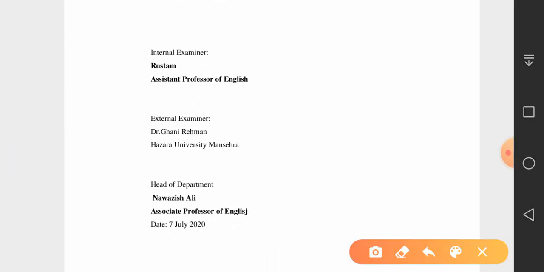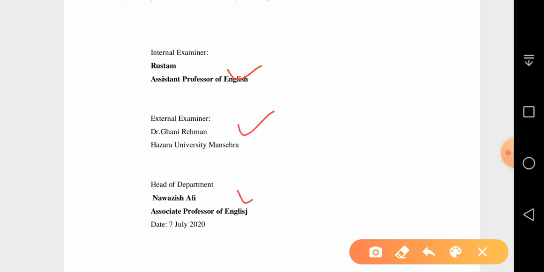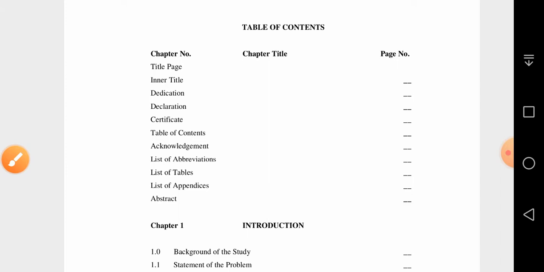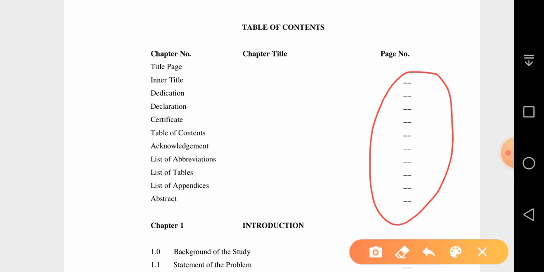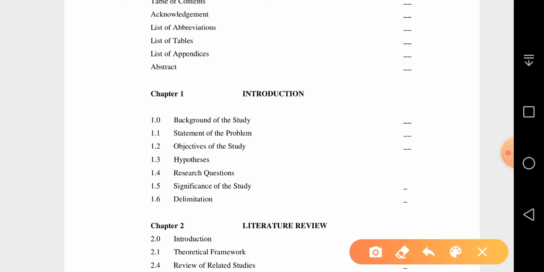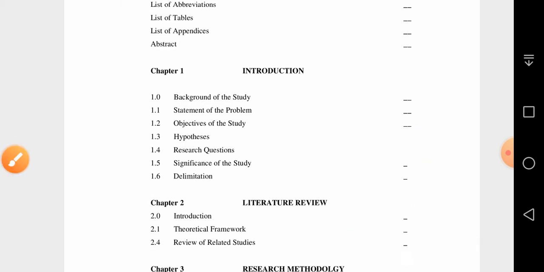Okay, internal supervisor, external supervisor, and head of the department. Then you have table of contents. So after writing the report, you can give the page numbers. Okay, and this is known as preliminary section of the report. So here page numbers are like this, Roman numerals, and here you have to give the Arabic numerals like 1, 2, 3, etc.